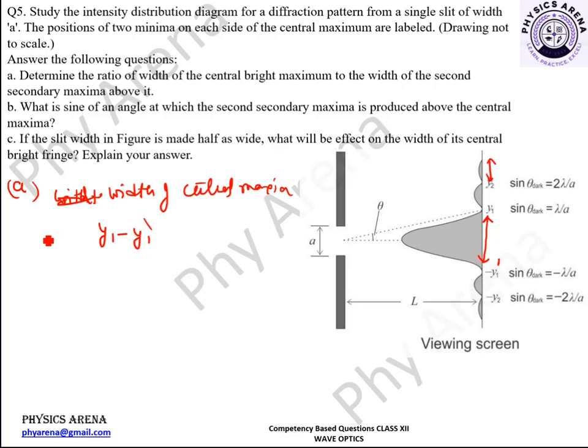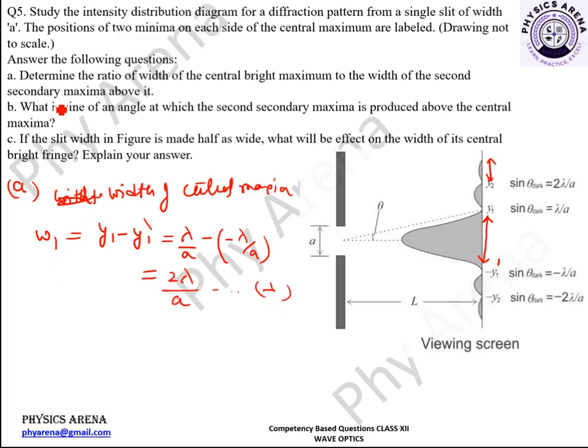So let me call it W1, and it is equal to lambda by a minus minus lambda by a, which will be equal to 2 lambda divided by a. So this is my equation number 1.